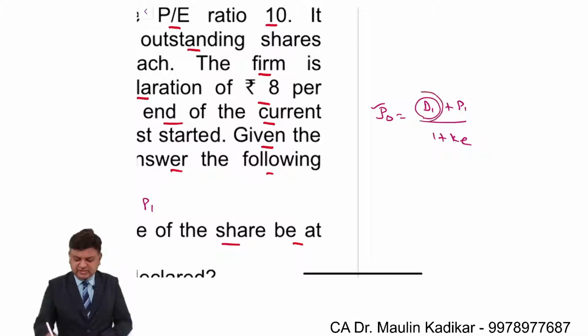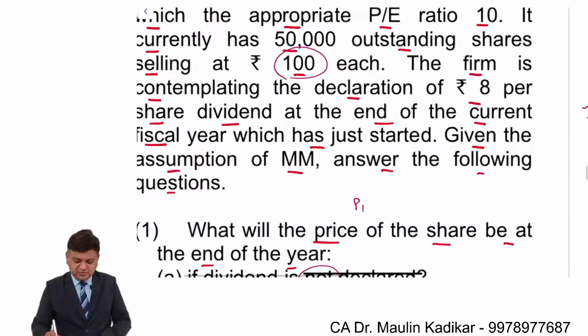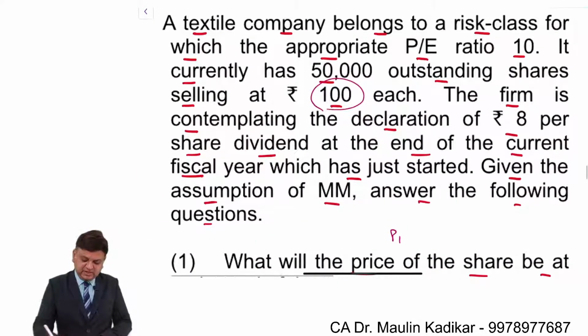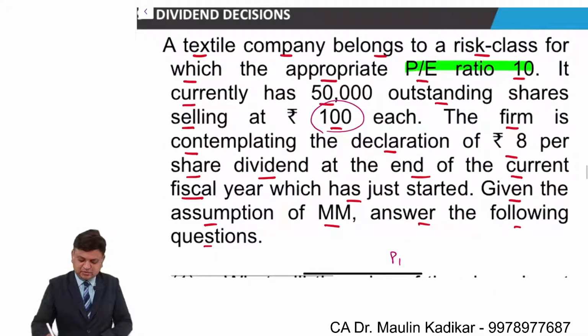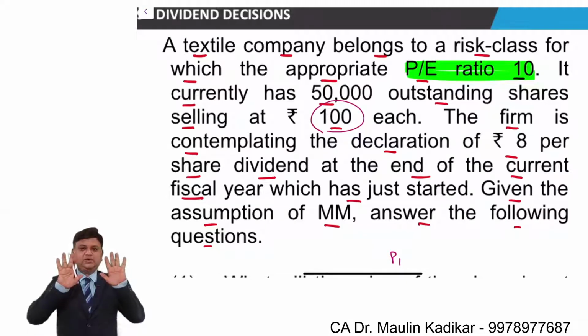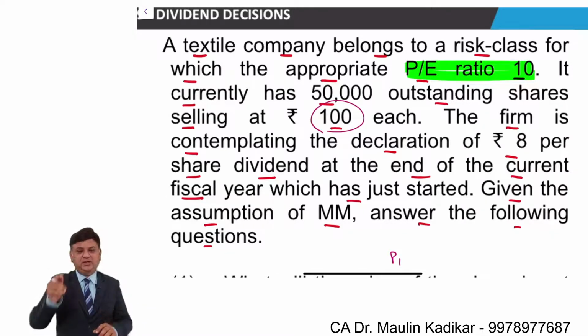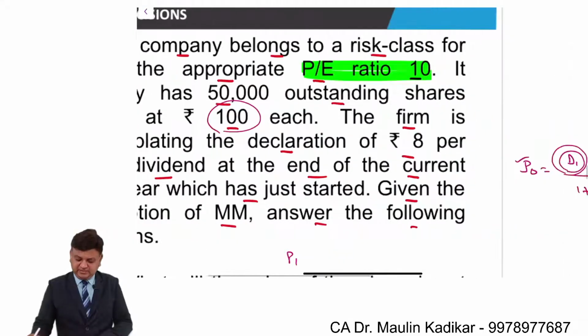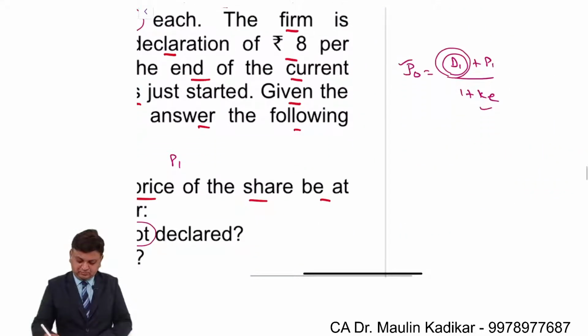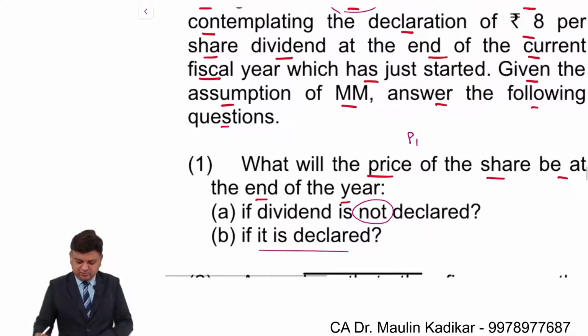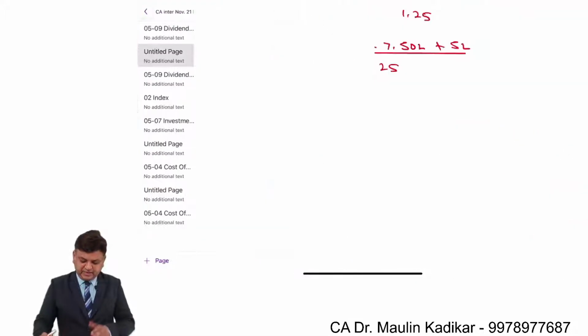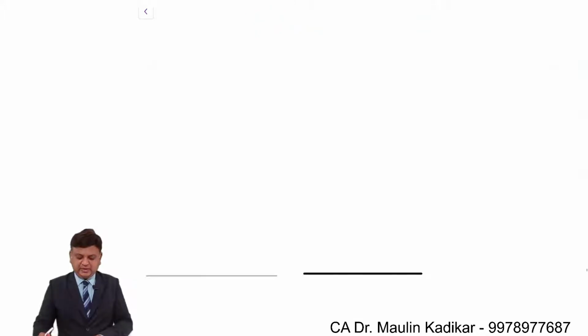In the second case, the dividend is rupees 8. Cost of equity is provided to us indirectly with the price earning ratio. Price earning ratio is 10 times, so 1 upon 10, cost of equity will be 10%. And then P1 will be calculated as balancing figure in both the cases. That is the sequence in which we are required to make the calculation.